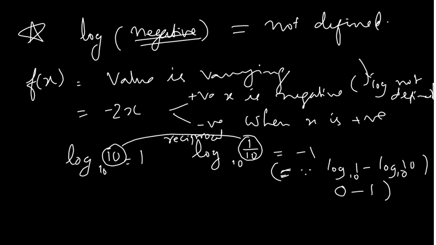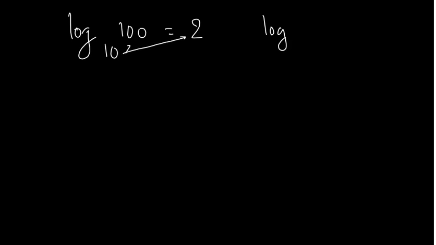But don't get confused. For example, log 100 base 10, its value is 2. How do I get it? Because 10 squared is 100. You will automatically remember these things, very easy. And if I were to have log 1 by 100, would the answer be minus 1 or minus 2?